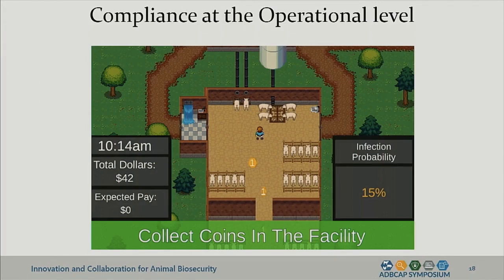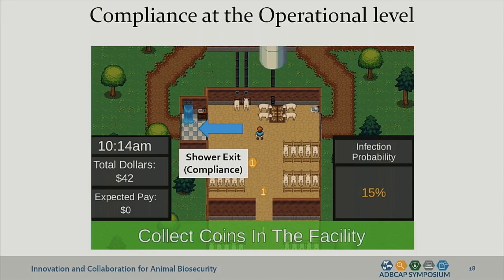So compliance at the operational level, the way we're testing this is we're putting people in a simulation where they're in a barn and they have a bunch of internal tasks, and they have to make a decision whether or not to go out the shower exit and hopefully use soap, but there isn't actually soap there.